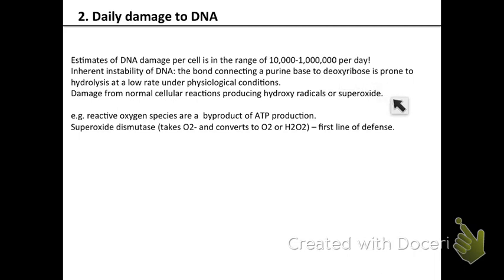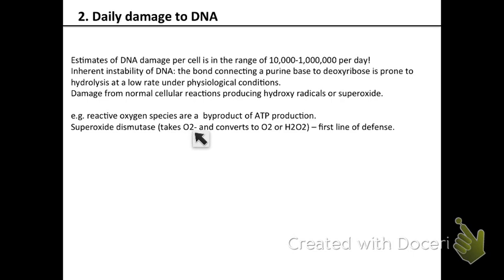You can also have damage from normal cellular reactions that produce hydroxyl radicals or superoxide. One such reaction occurs in the mitochondria, because during ATP production some reactive oxygen species leak out as a byproduct. Some of these species, as a first line of defense, are converted back to non-mutagenic chemicals, for example by an enzyme called superoxide dismutase.